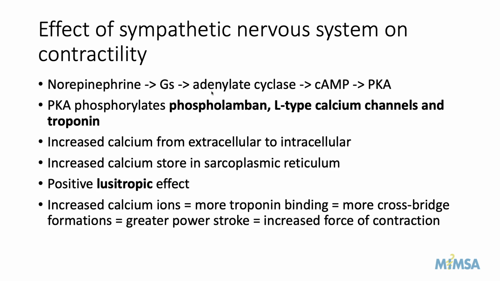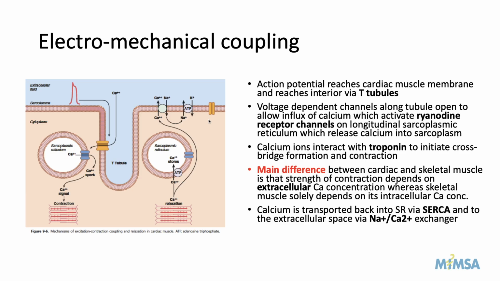Phospholamban is an inhibitor of the SERCA channels. These are the SERCA channels. Phospholamban basically inhibits these. You have quite a lot around the sarcoplasmic reticulum, and some of these will be inhibited by phospholamban.